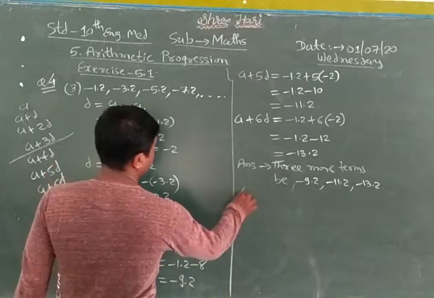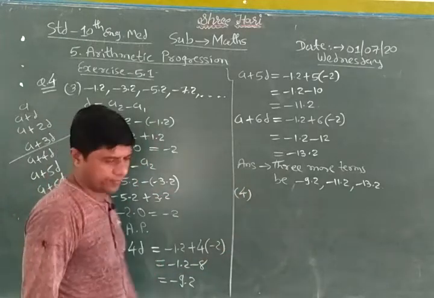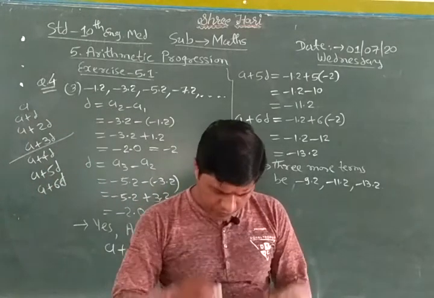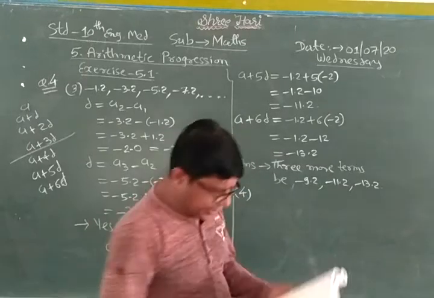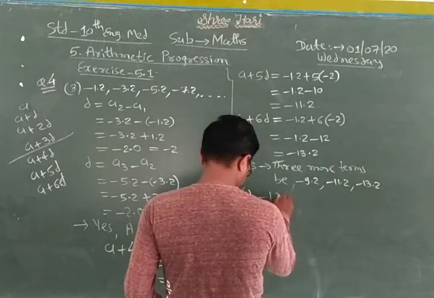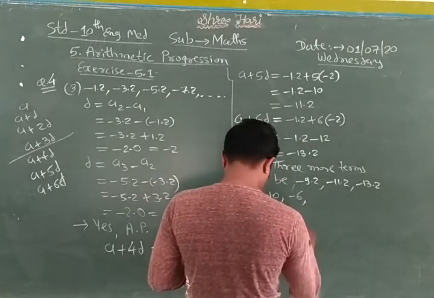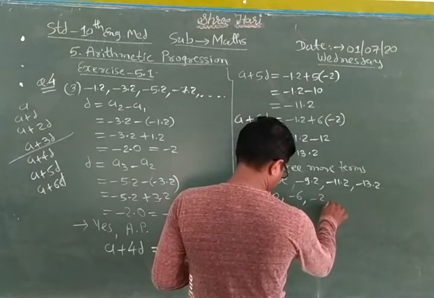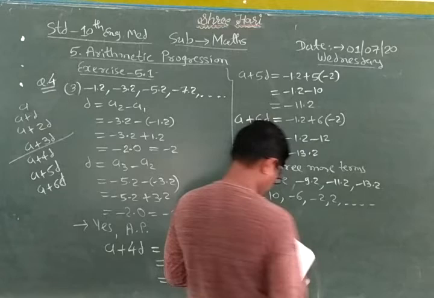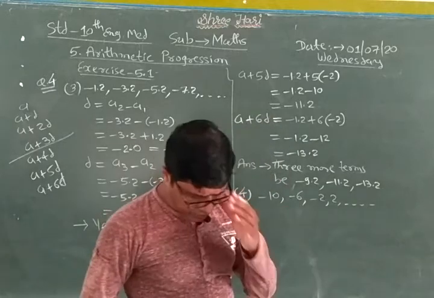Okay. Now fourth number, start: minus 10, minus 6, minus 2, 2. Okay.